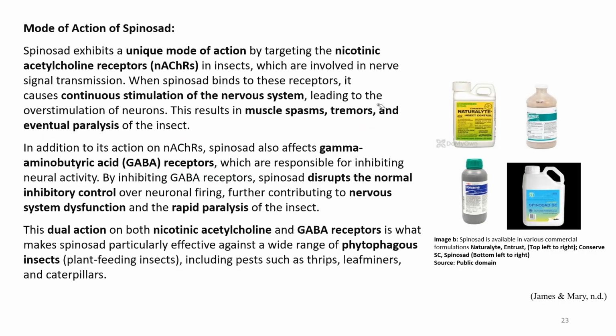In addition to its action on the nicotinic acetylcholine receptors, spinosad also affects gamma-aminobutyric acid receptors, or GABA receptors, which are responsible for inhibiting neural activity. By inhibiting GABA receptors, spinosad disrupts the normal inhibitory control over neuronal firing, further contributing to nervous system dysfunction and the rapid paralysis of the insect.